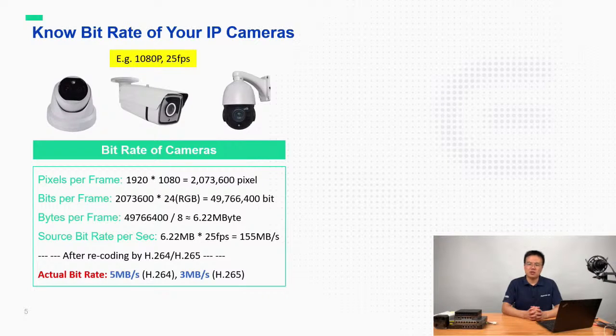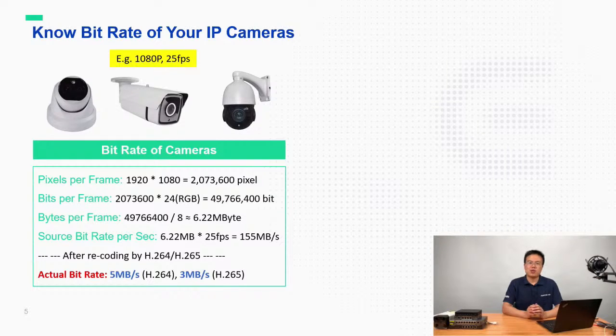The typical compression technologies are H.264 and H.265. After compression, the actual bit rate is around 5 megabytes per second and 3 megabytes per second. This is the example of 1080p cameras.